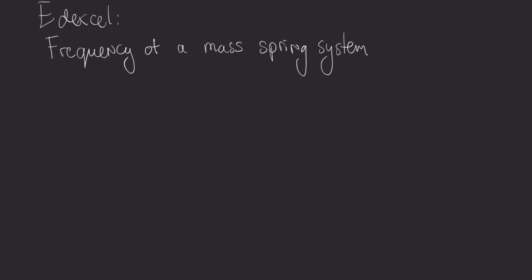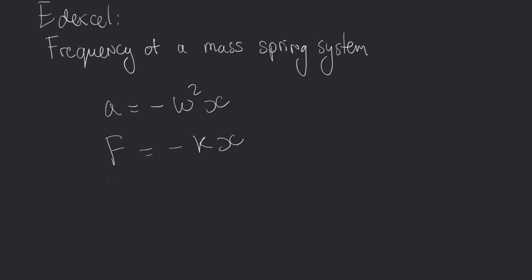If you're doing Edexcel, the frequency of a mass spring system can be found by the defining equation of simple harmonic motion. Now this here is the acceleration. The net force acting on the spring is in the opposite direction to the displacement, and it's given by minus kx.